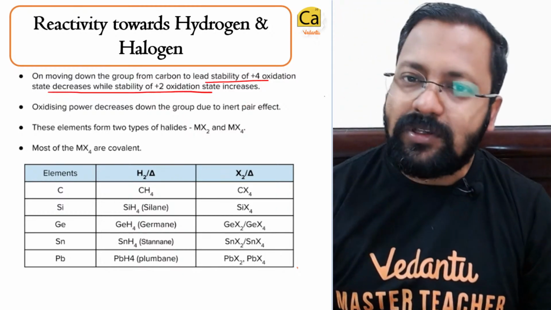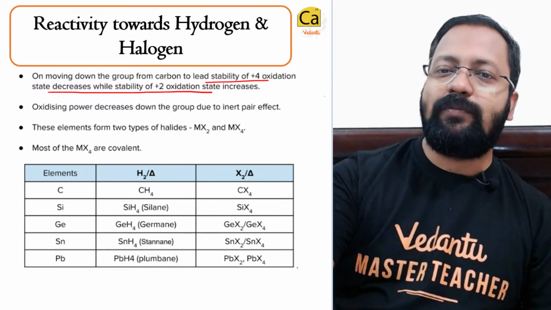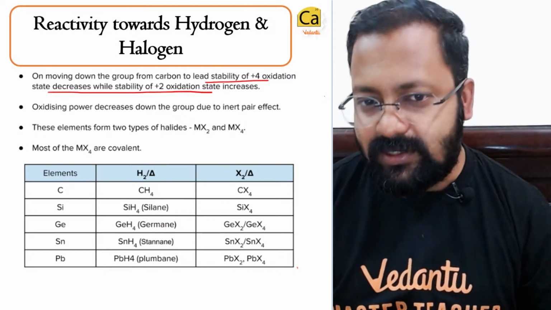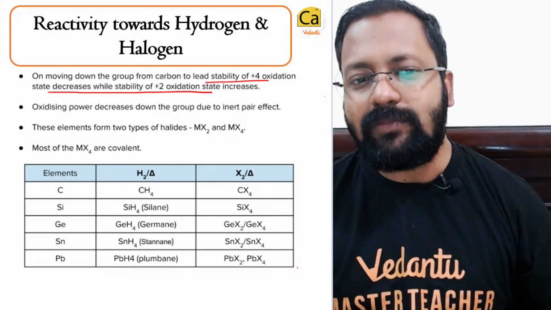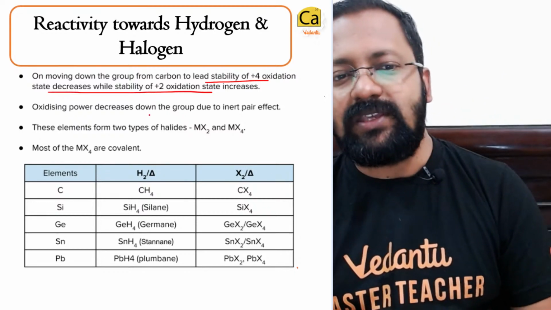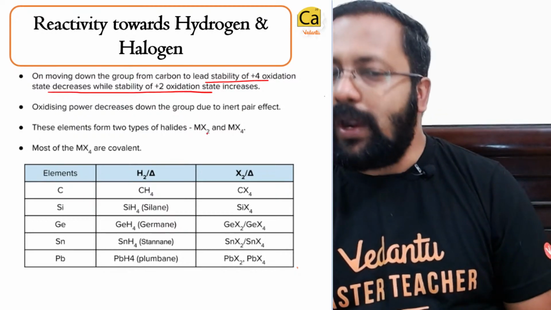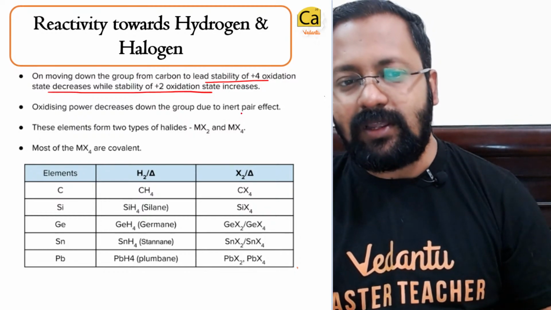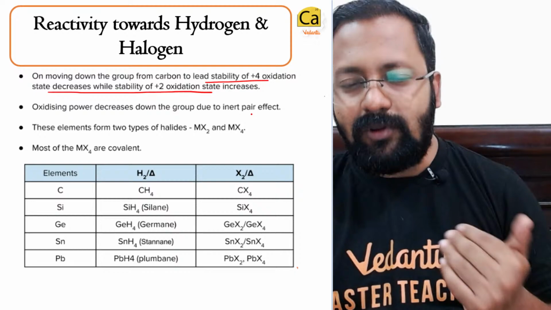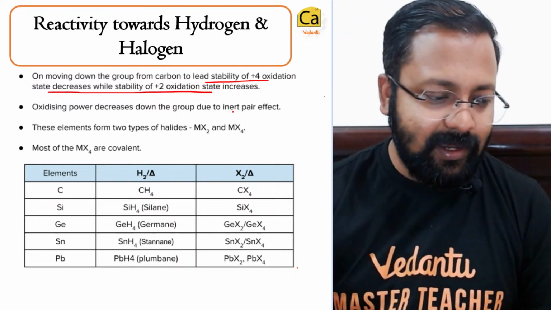The tendency to oxidize something and reduce oneself. So oxidizing power decreases down the group due to inert pair effect. Why does it decrease? You are oxidizing someone else and reducing yourself, and that tendency decreases.